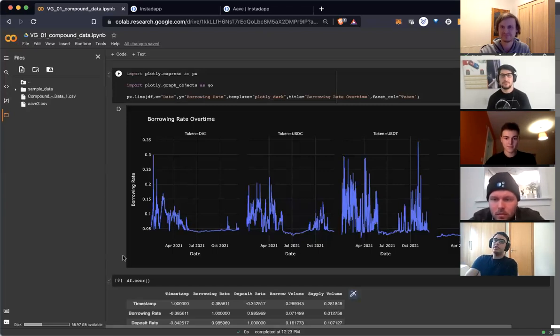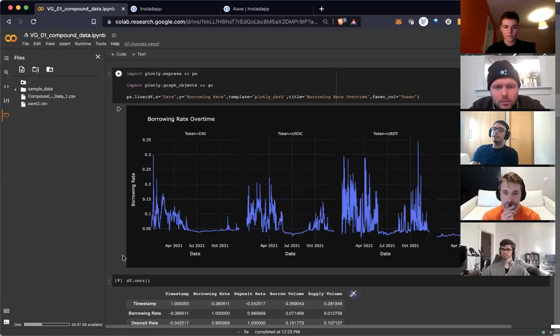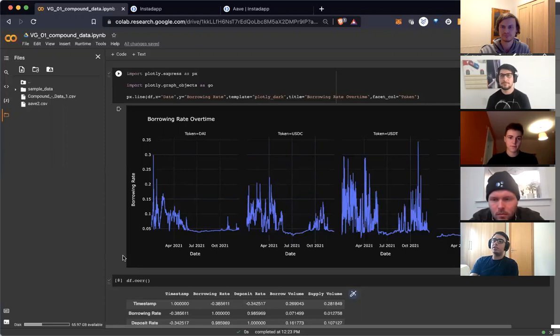Yeah, I also think in order to get a better result, we should maybe choose a token to look at closer, because just looking at a big data set with different tokens, it's kind of hard to find out what's happening.